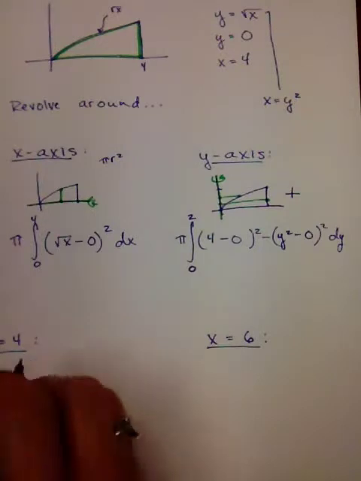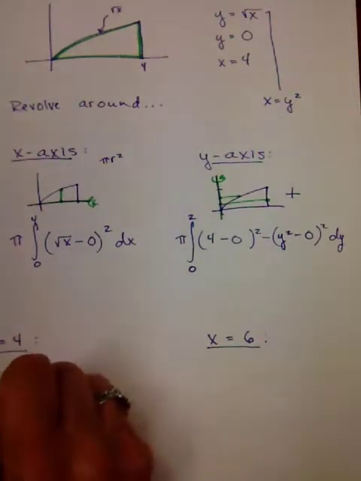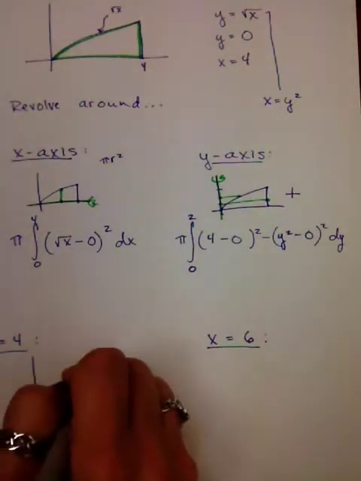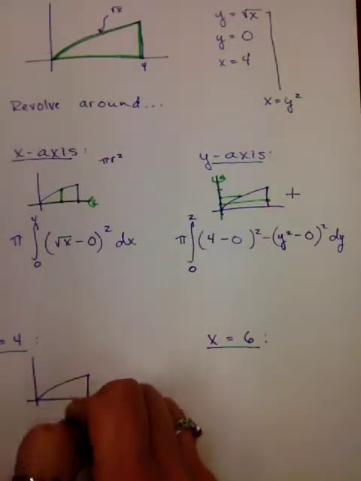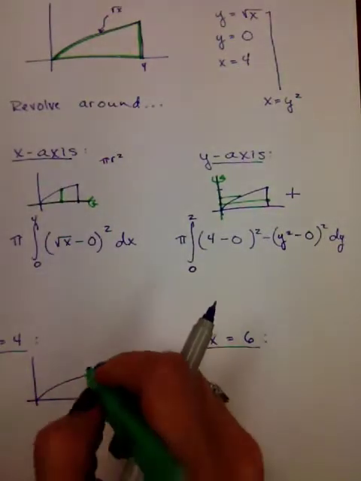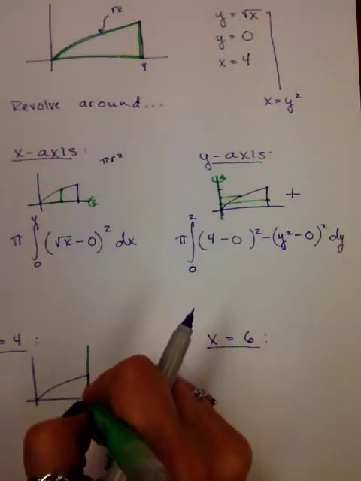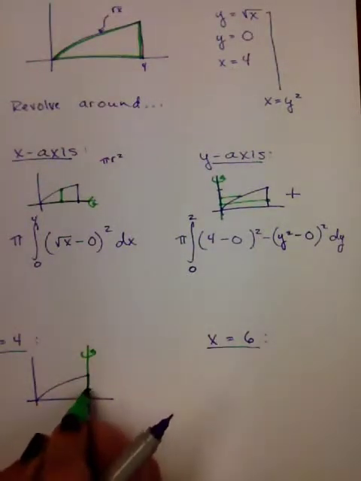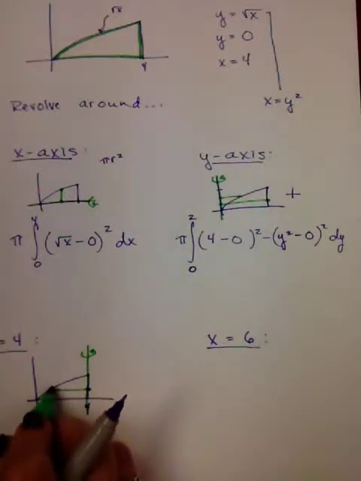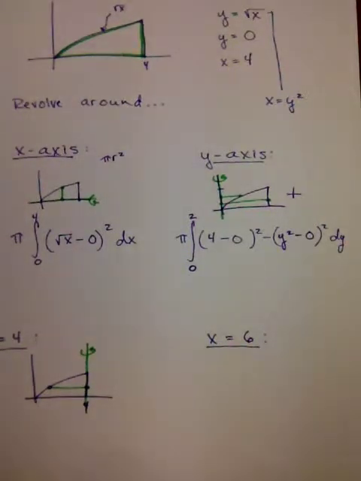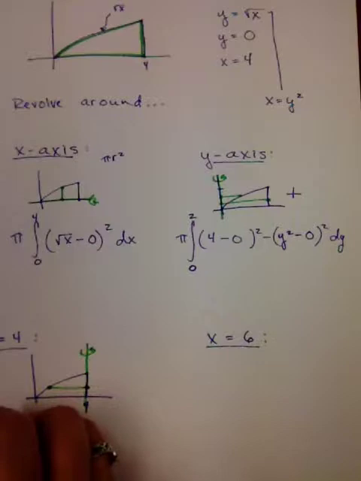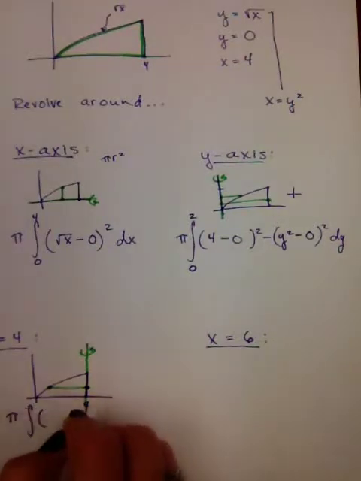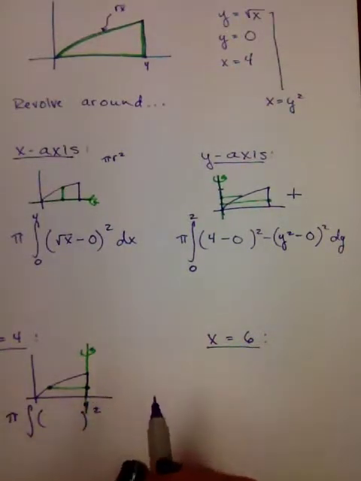This integral evaluated would give you the volume of that figure spun around the y-axis. If we're spinning it around the line x equals 4, that's a vertical line. Here's our shape. We know that's 4. So our axis of revolution is right there. When I draw my radius, I start on the axis of revolution, go to the outer edge of my figure. I can see that there's no empty space. There's one radius, so this is a pi with one radius squared.